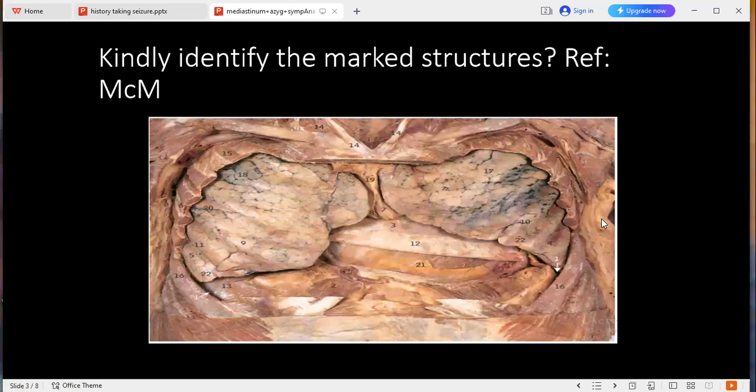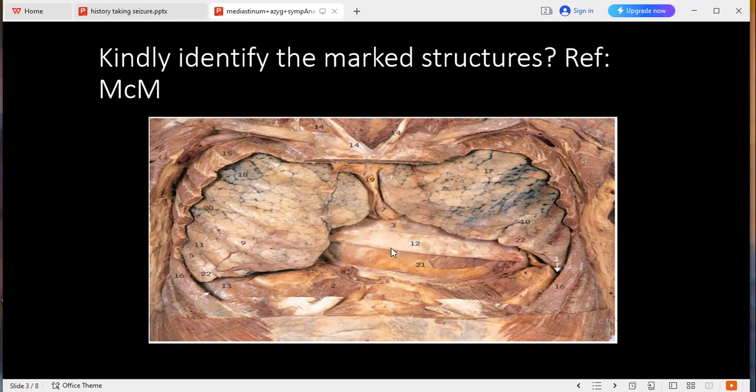Can you tell me about the lungs? If you can identify which one is which, and tell me the parts of the lungs, both right and left. Okay, ma'am. Number 18 is superior lobe, number 20 is middle lobe of the right side, and number 9 I think is the inferior lobe.